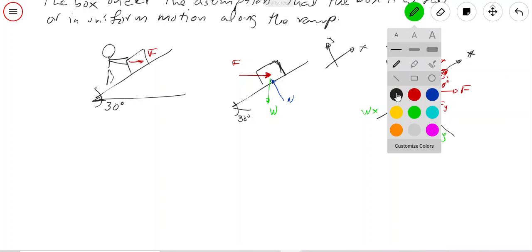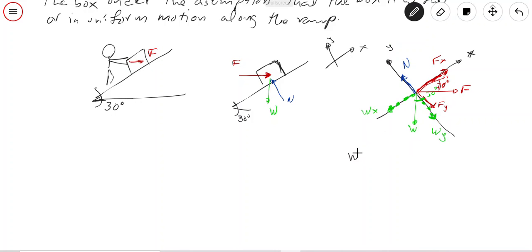So now we know that Wy would be W cosine of 30 degrees. Wx, on the other hand, is this other part, in this direction here. So it's going to be the opposite side to the angle of 30 degrees. So Wx is W sine of 30 degrees.